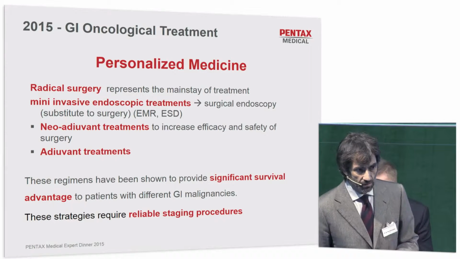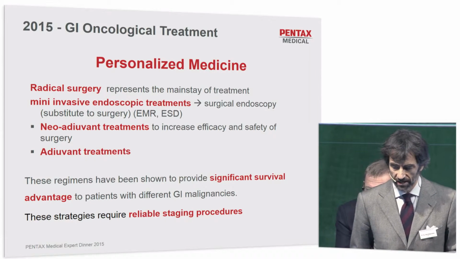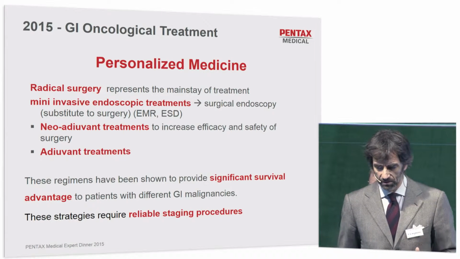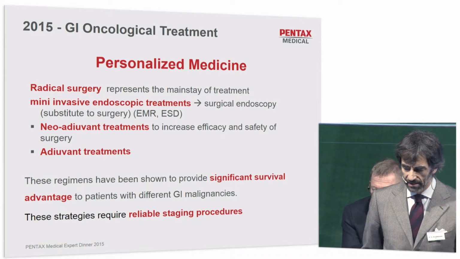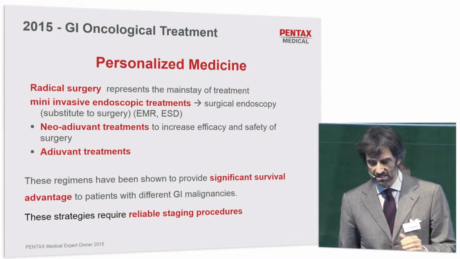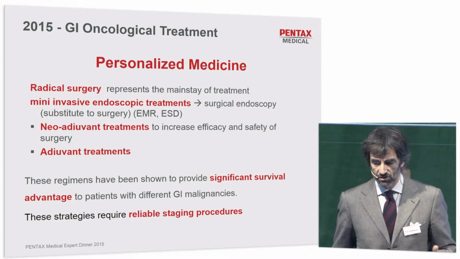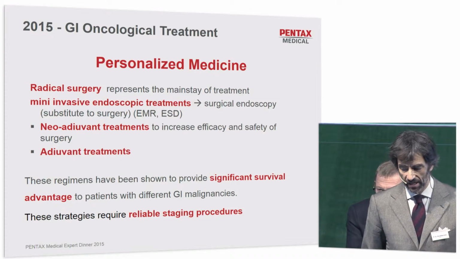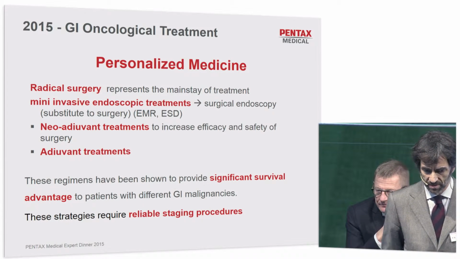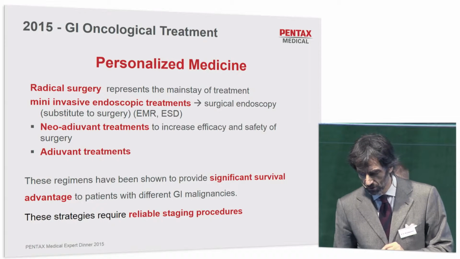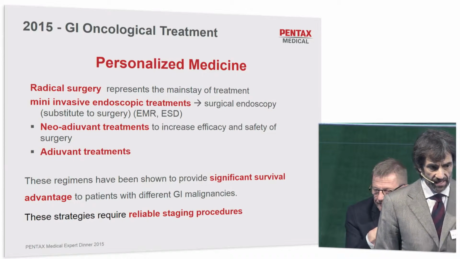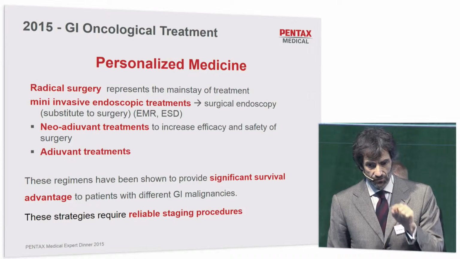And if we work in everyday practice in a GI oncological department, we think about personalized medicine, because we know that until now, radical surgery represents the mainstay of treatment, but in 2015, other treatments are coming out, like minimally invasive endoscopic treatments, neoadjuvant treatments, adjuvant treatments, and all these regimens have shown to provide a significant survival advantage to patients if they are applied to the right patient for the right indication.